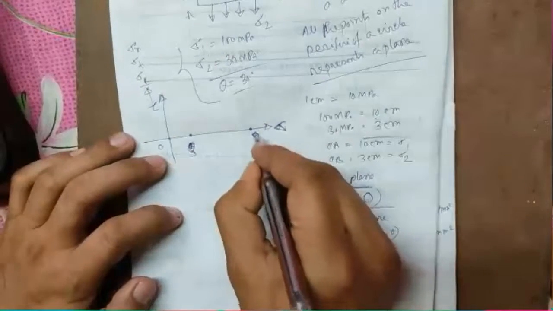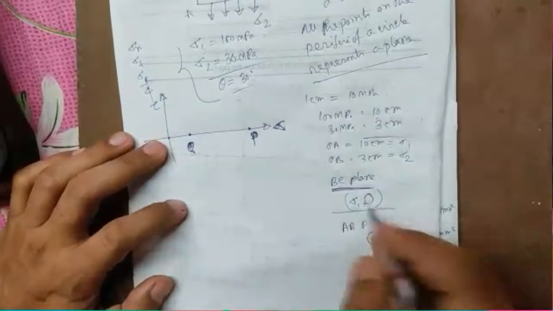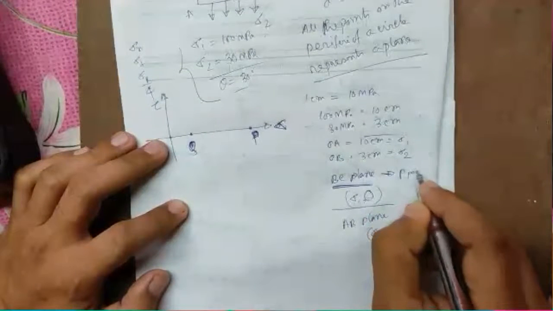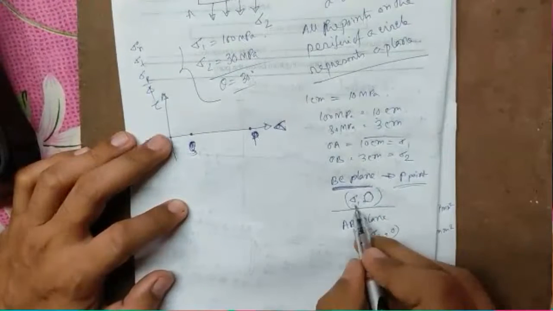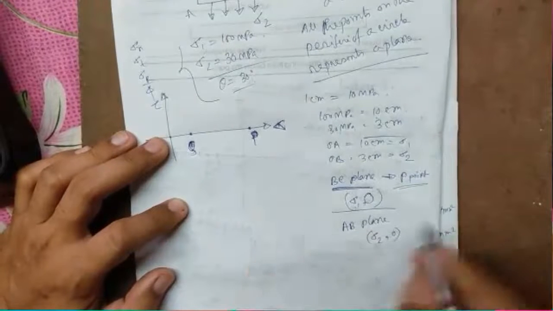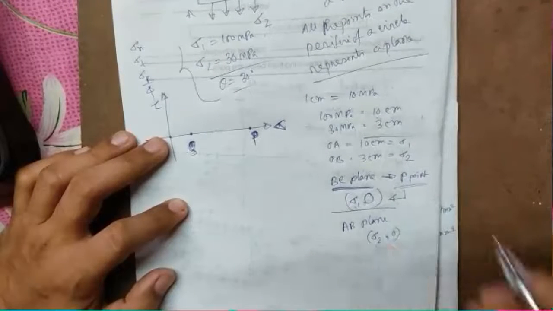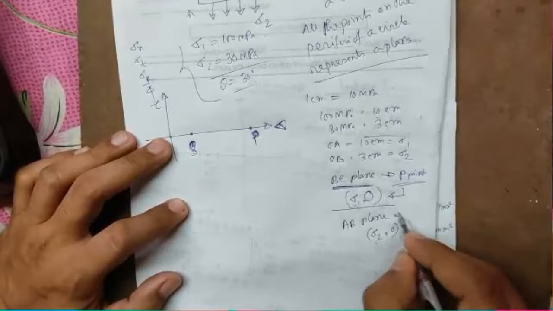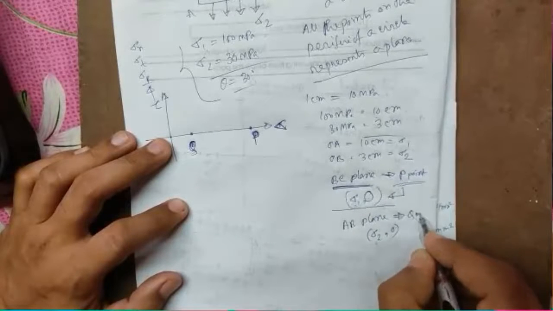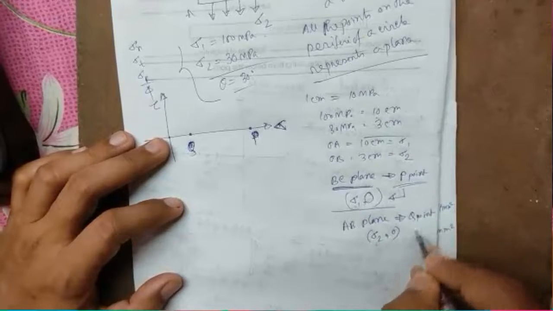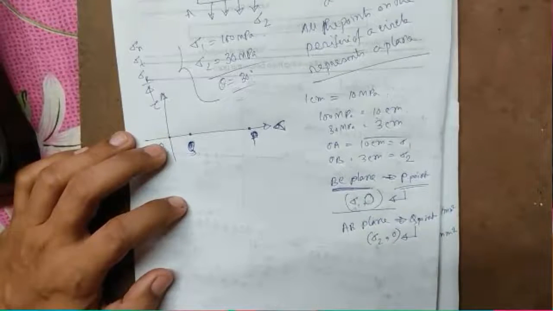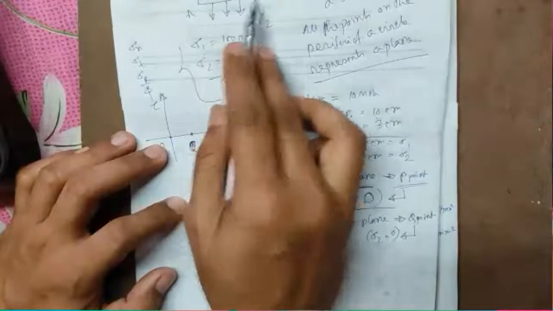We will change these names so that it is easy to understand. Let us make no confusion. So BC plane can be denoted by this P point having coordinate sigma 1 comma 0. This AB plane is denoted by Q point having coordinate sigma 2 comma 0, because on these planes there is no shear stress.